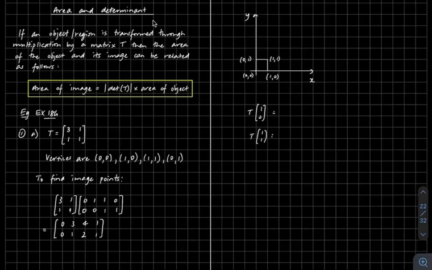Let's get a highlighter and say, okay, well 0, 0 stayed where it is. This one here is now at coordinates 3, 1. So let's go 3, 1 there. I know that's a point on the image, and that's where the point 1, 0 has been transformed to.